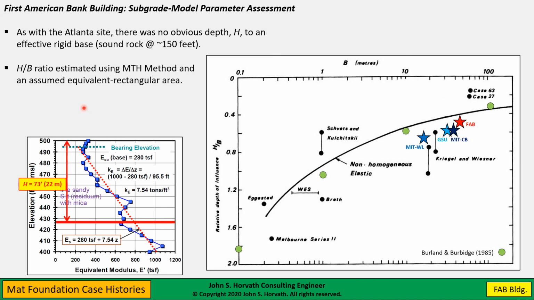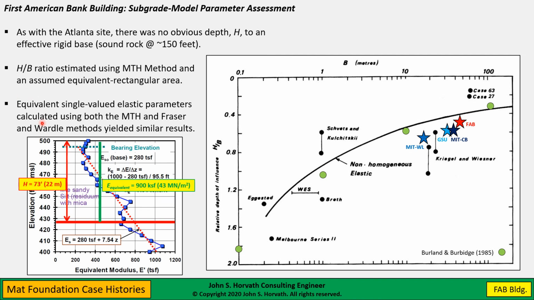So I estimated the H over B ratio, again using the MTH method, and you see the result here. And again, it matches very nicely with the trend shown for the two MIT sites as well as the Georgia State site in Atlanta.